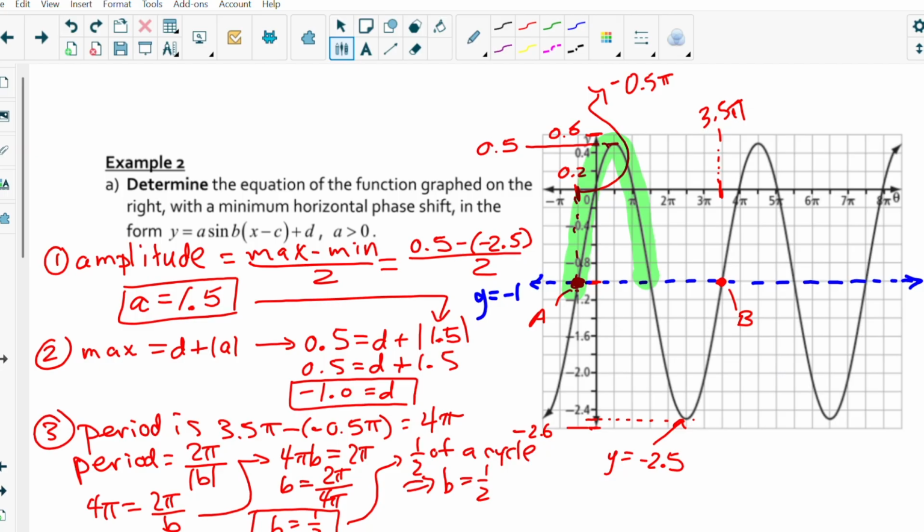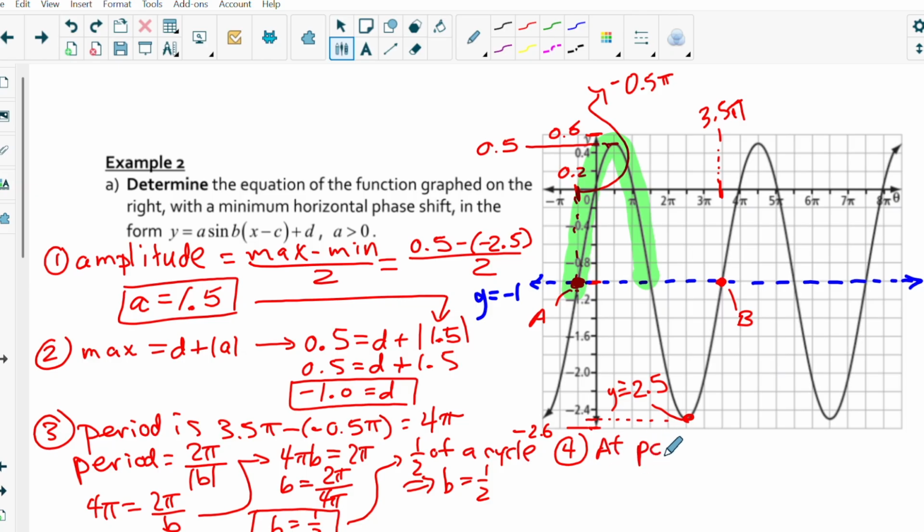Let's think about our c value, horizontal phase shift. So number 4, folks.